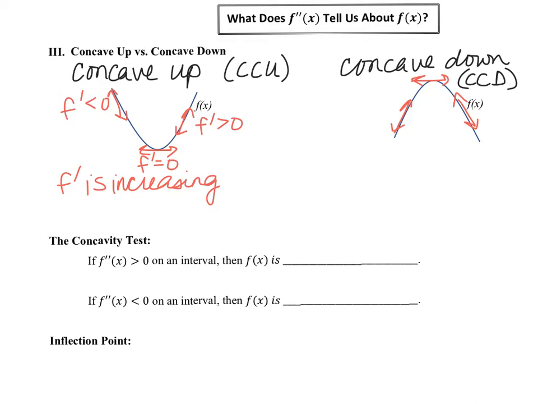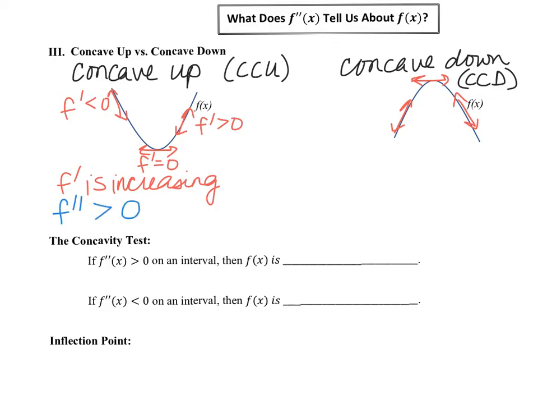Now if we think back to our knowledge about the first derivative test, we said when a function is increasing, its first derivative is positive. So therefore, if the first derivative is increasing, then its derivative is positive. And the derivative of the first derivative will be the second derivative.